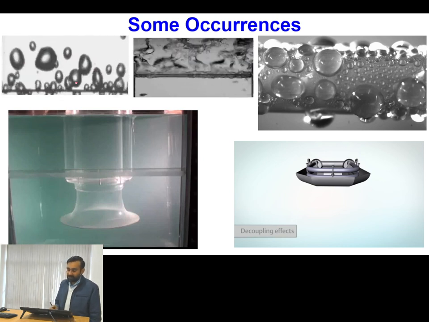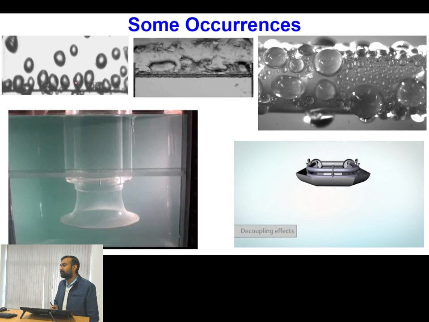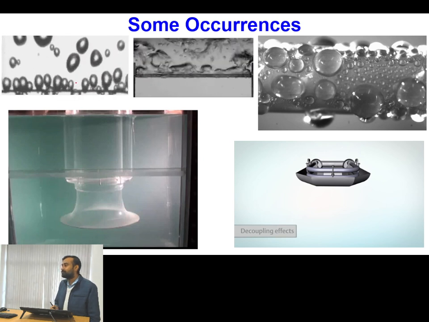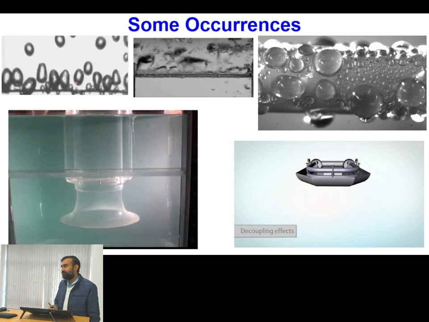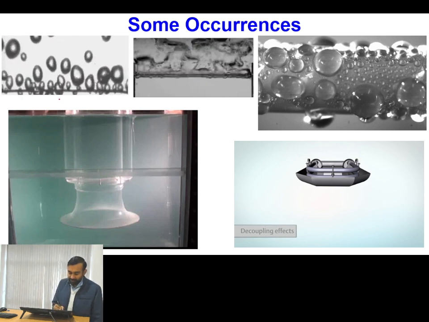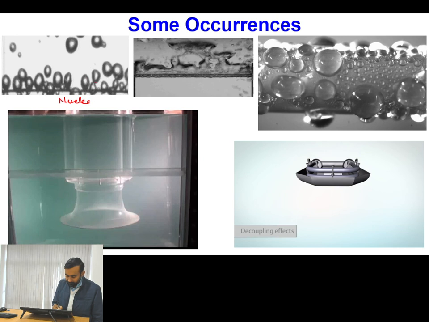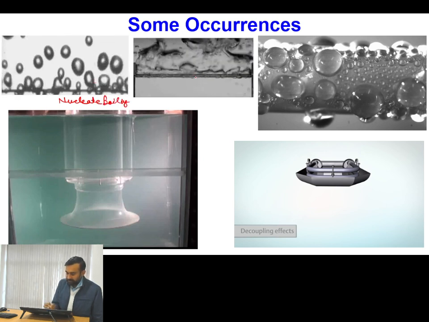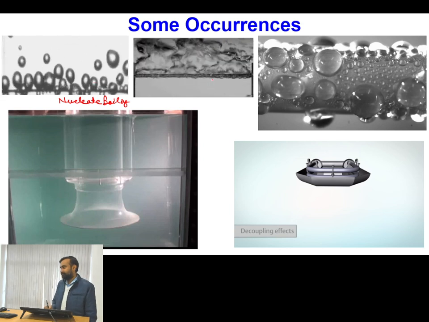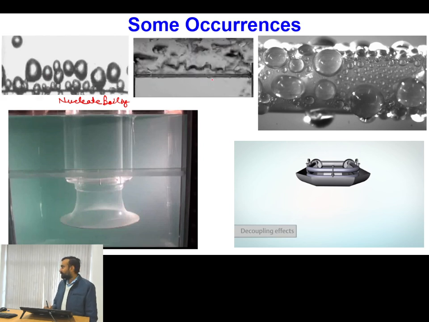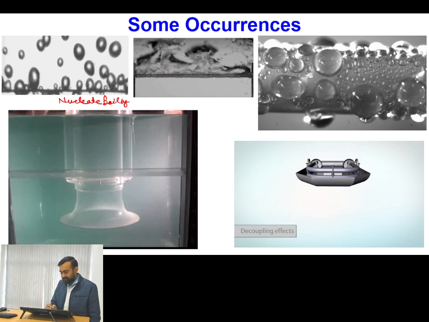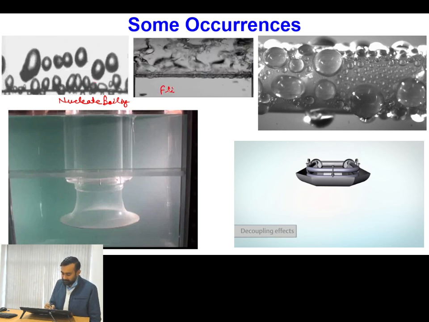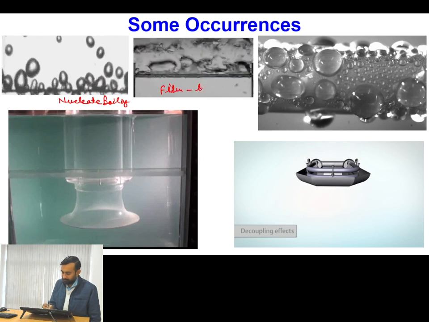So this is called as which regime of pool boiling? No, after convection we have nucleate boiling. And the next one is which regime? Transition, or you can see there is a continuous film, so you can call it as film boiling.